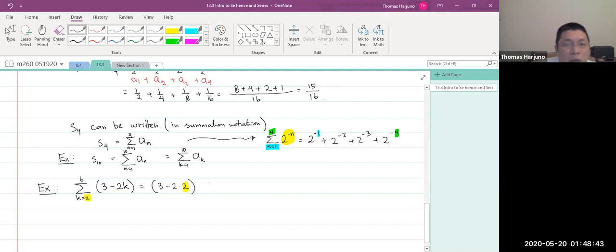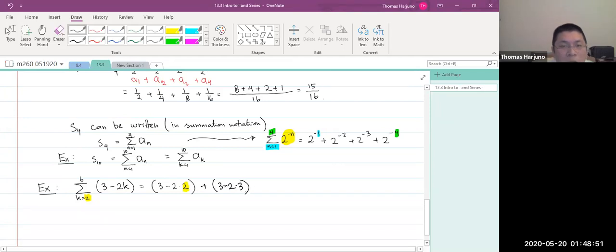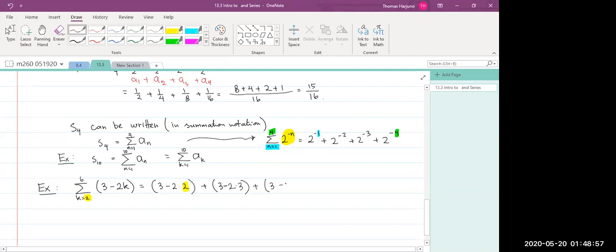And then you keep on adding the term 3 minus 2 times 3, up to k equals what? When do I stop? 6.